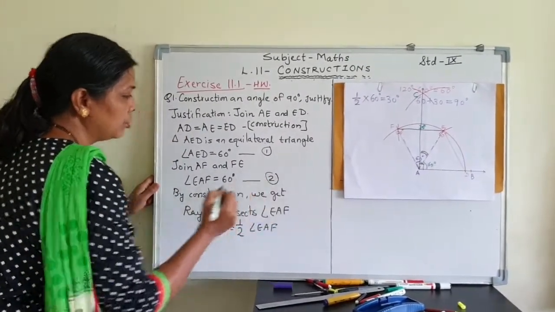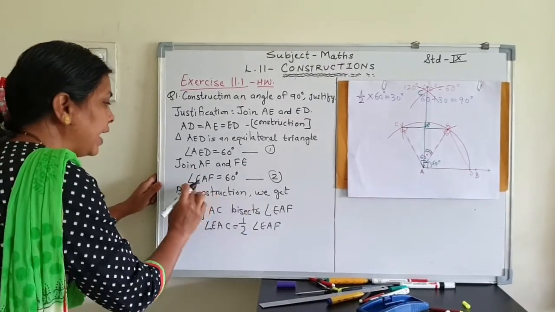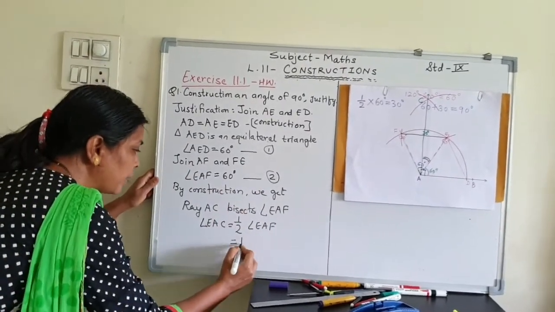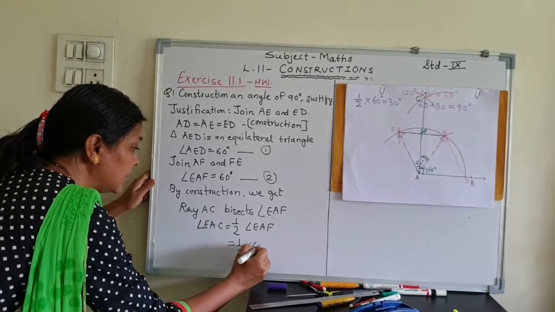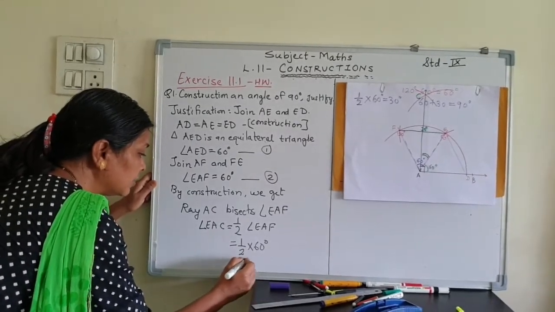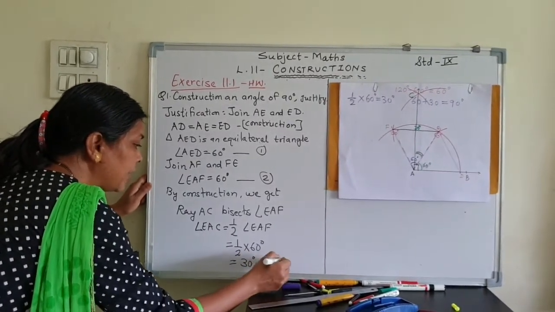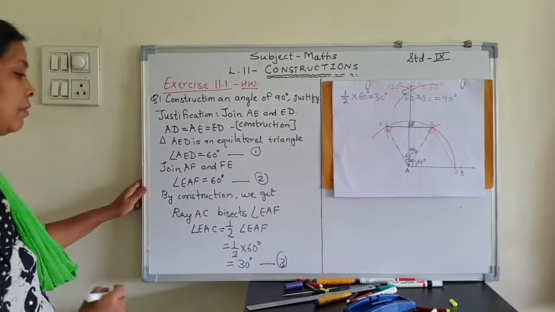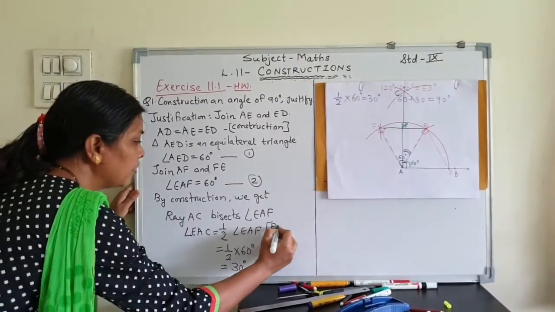Name it as 2. Now what is angle EAF? That is 60 degree. So we write it as half of 60, which is 30 degree. Number it 3. And here we get it from the second statement.